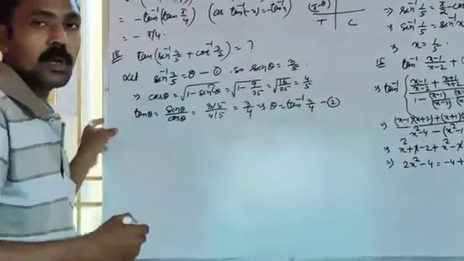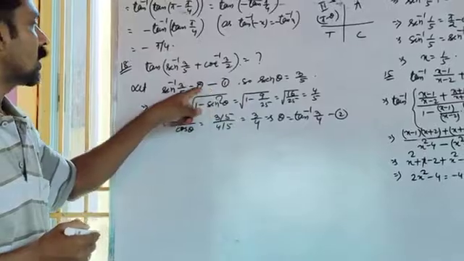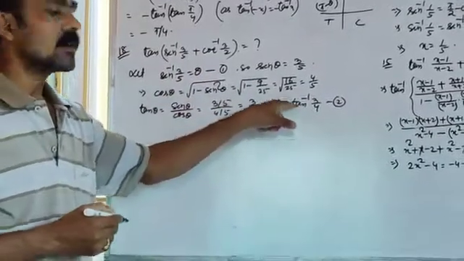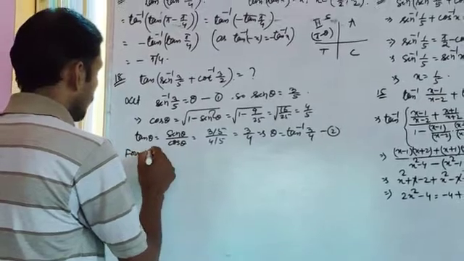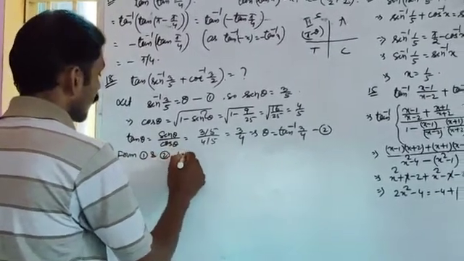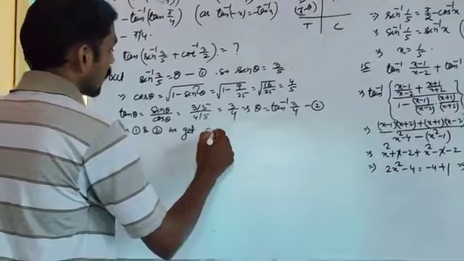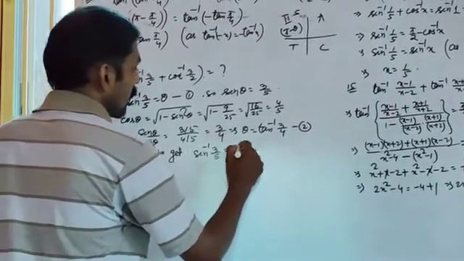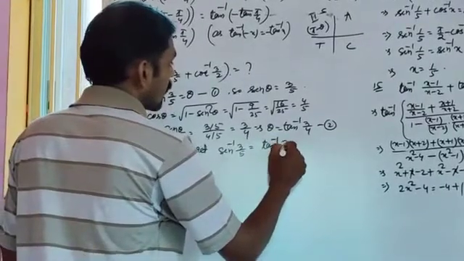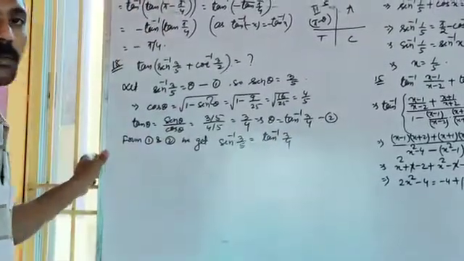That is 2. Now compare 1 and 2. 1 is the value of theta. This is also the value of theta. So from 1 and 2, we get sin inverse 3 by 5 is the same as tan inverse 3 by 4.